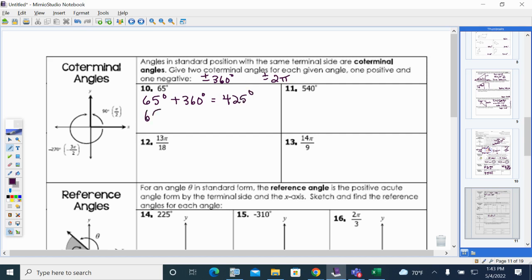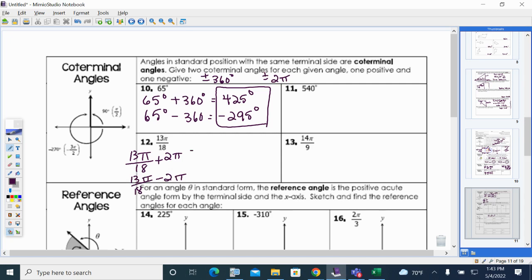I'm going to take that same 65 degrees and subtract 360 and get negative 295. So these two angle measures share the same terminal side with the 65-degree angle, and they are all coterminal. For example number 12, I have 13 pi over 18. So we're going to take 13 pi over 18, we're going to add 2 pi, and we're going to also take that 13 pi over 18 and subtract 2 pi.